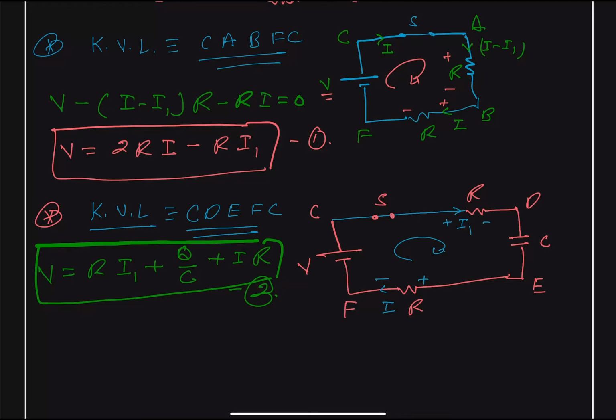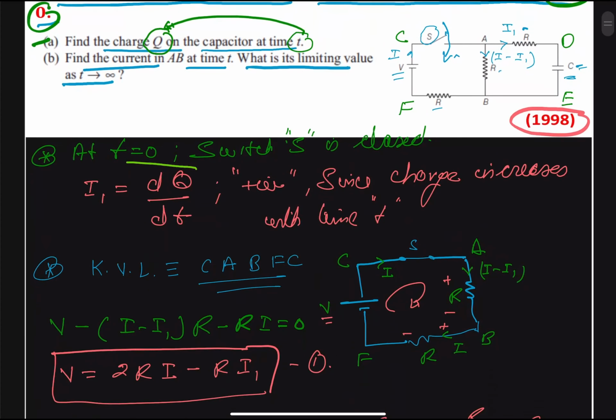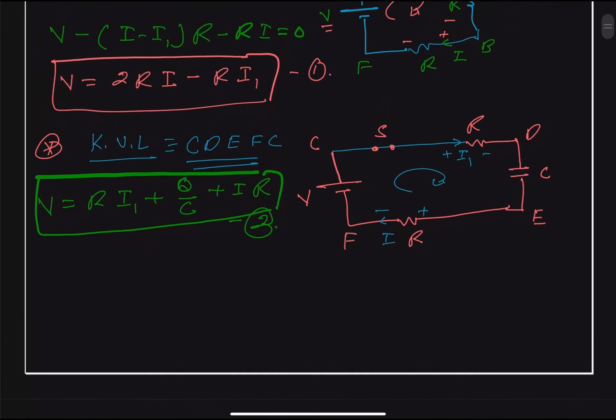Okay, let us see how it works out, because we need to find our I1, then we will be able to find our dq by dt. We are only interested in our I1.